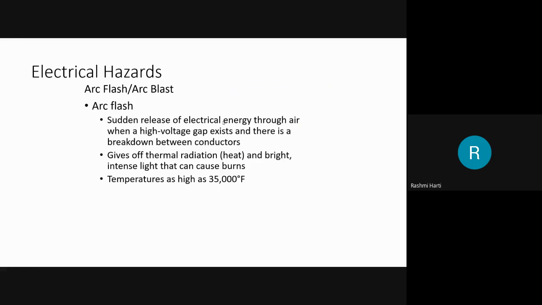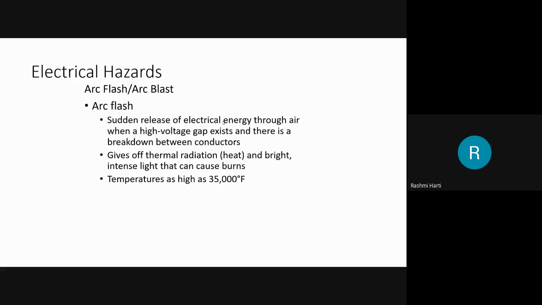Afterwards you have the electrical hazard, arc flash or arc blast. Arc flash is a sudden release of electrical energy through air when a high voltage gap exists and there is a breakdown between conductors.